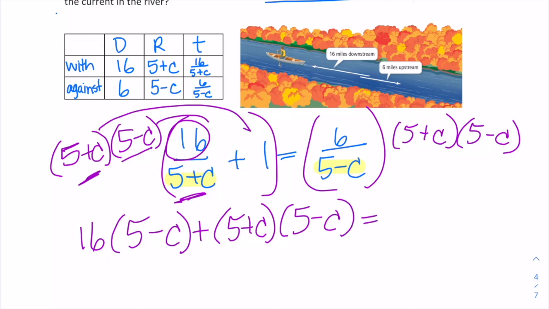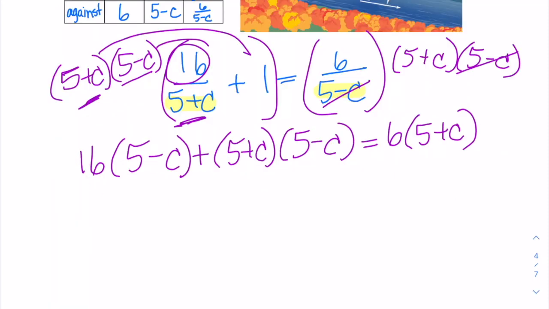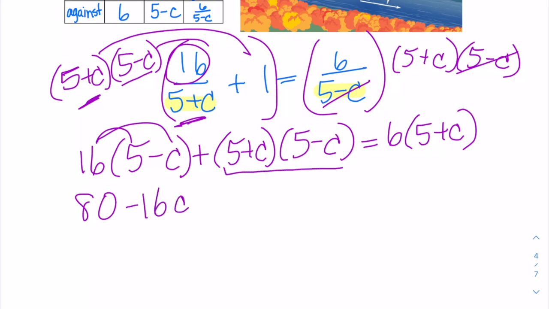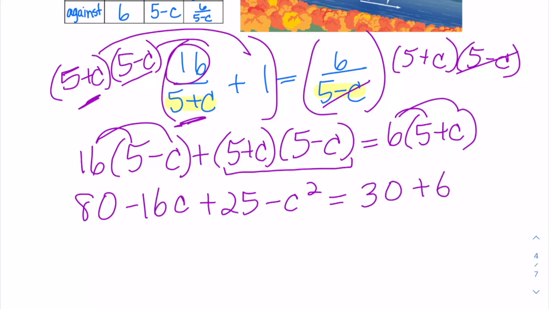On the right side, the 5 minus c and the 5 minus c will cancel each other out, and we'll be left with 6 times 5 plus c. When we distribute, we'll get 80 minus 16c, and when we combine this difference of squares, we'll get plus 25 minus c squared equals 30 plus 6c.